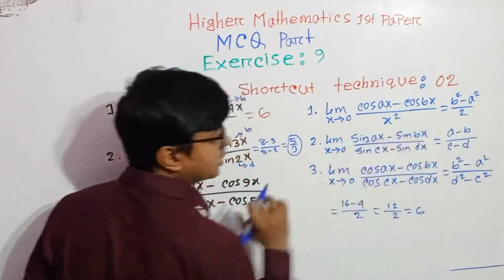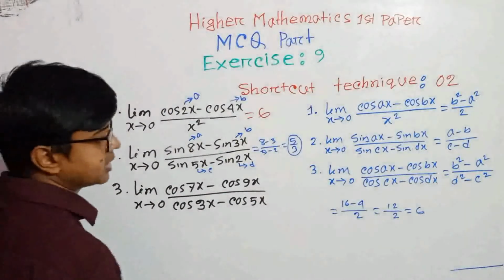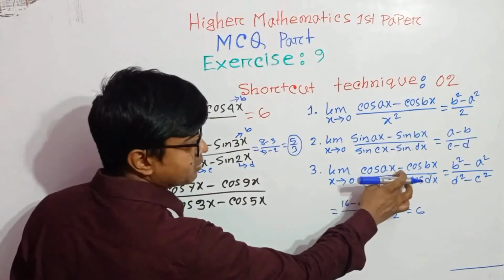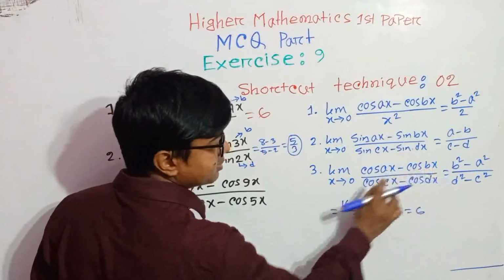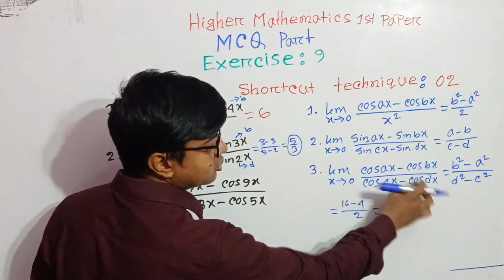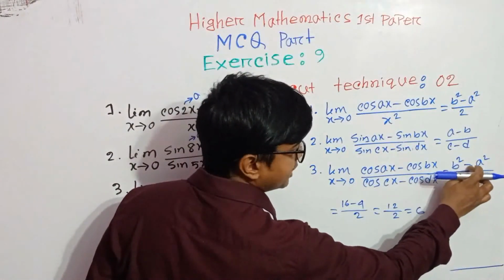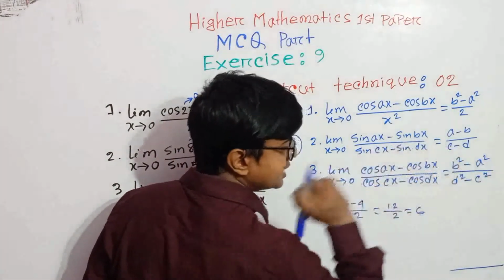And another one, here limit x tends to 0, cos ax minus cos bx by cos cx minus cos dx. Here our formula will be b square minus a square by d square minus c square.